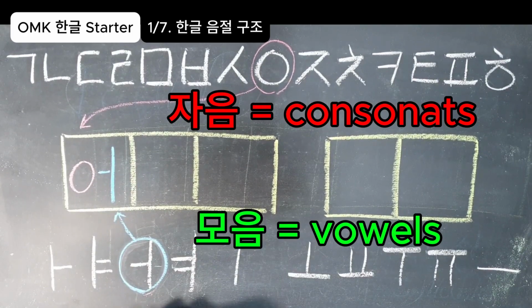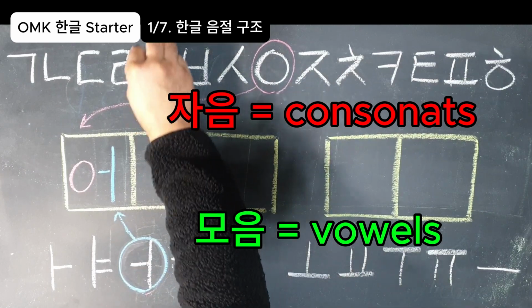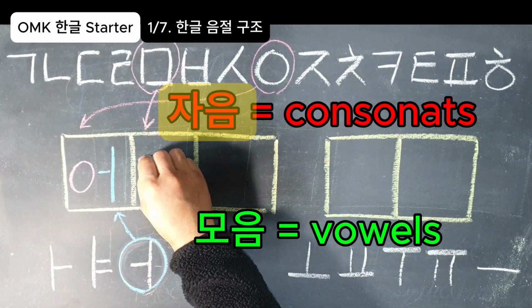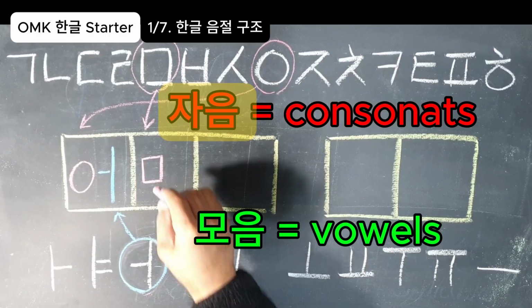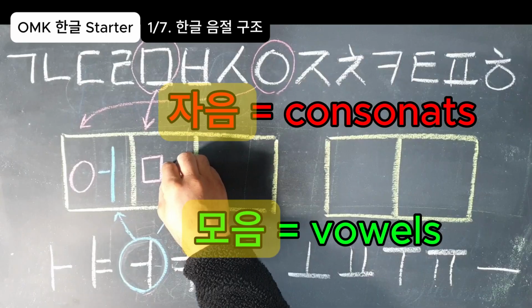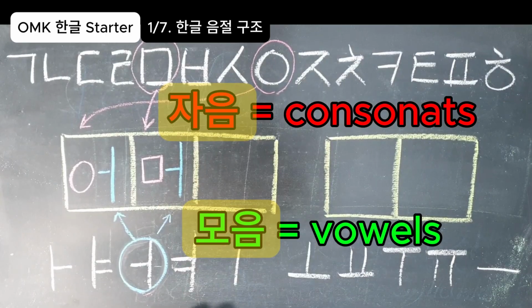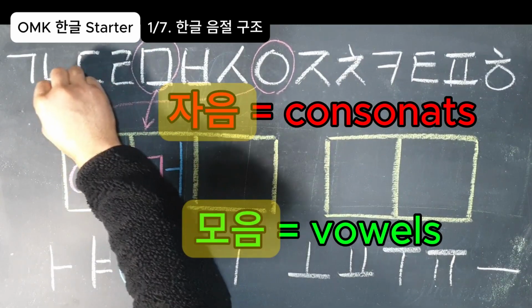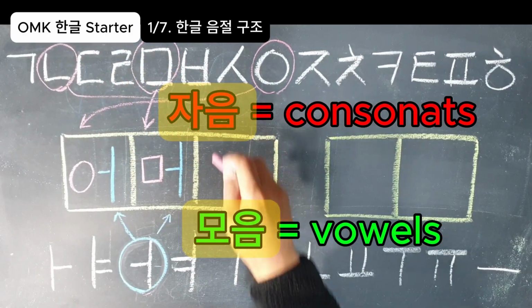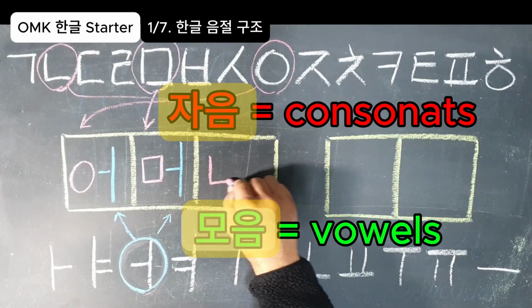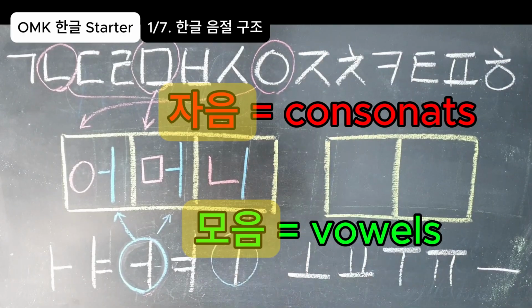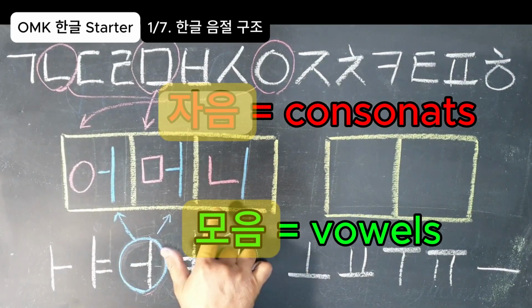So, in Korean, consonant is 자음, vowels, 모음. Every character is formed by combining 자음 and 모음. And it must start with 자음.